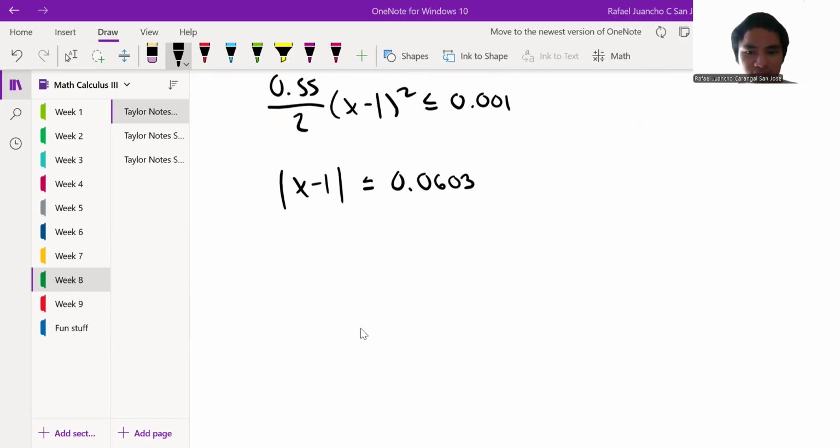Right? So what does that mean? Now, how do we find the interval from that? 0.0603, right? So what is this?